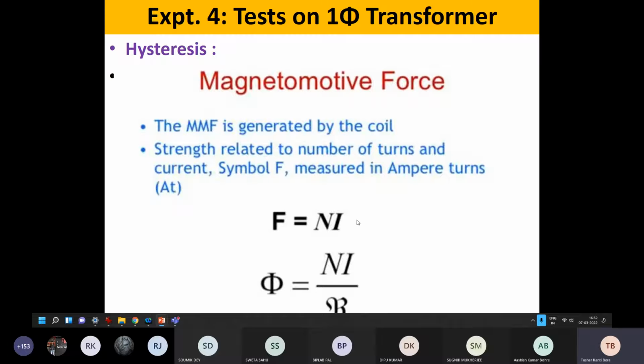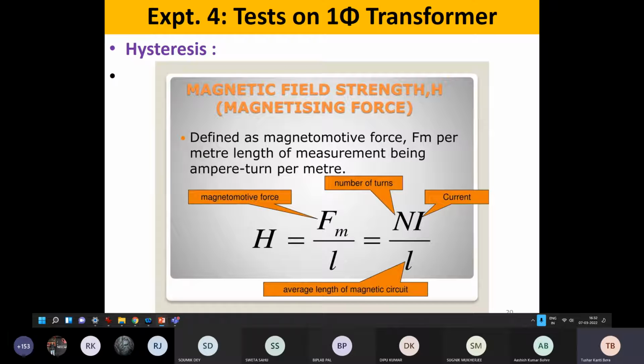And if we look at the magnetizing force, that is H, it is related to the flux density, which is represented by B. Ni is the magnetomotive force, and magnetomotive force per length is the magnetizing force.